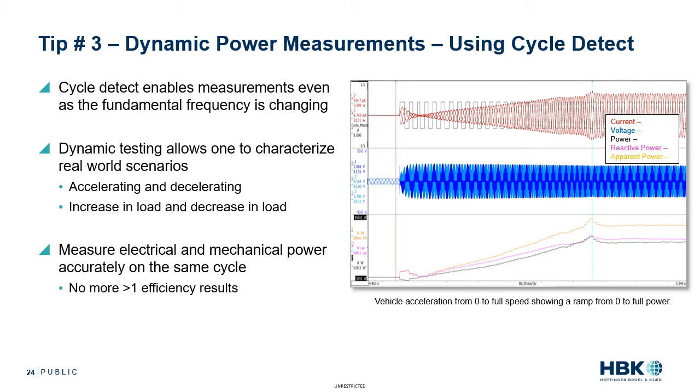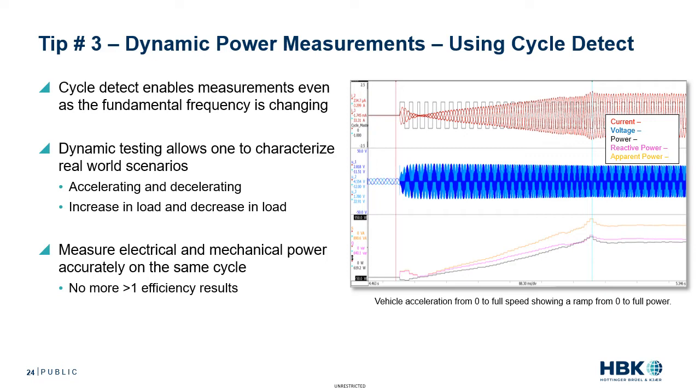Now using cycle detect enables measurements to be calculated continuously even as the fundamental frequency is changing, which enables you to characterize real-world scenarios such as acceleration, deceleration, increase in load or decrease in load, going up a hill, down a hill, that kind of thing, and even develop efficiency maps significantly faster. More on that in just a moment.